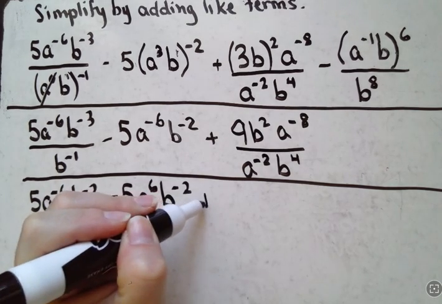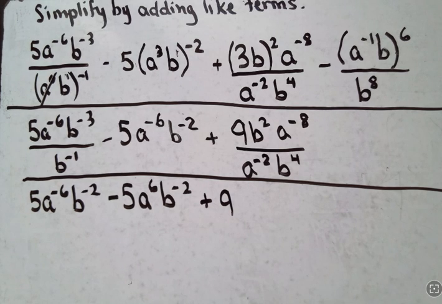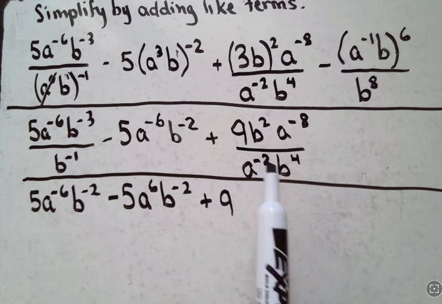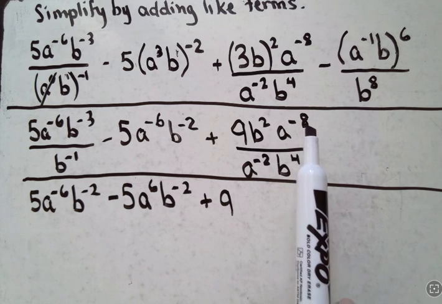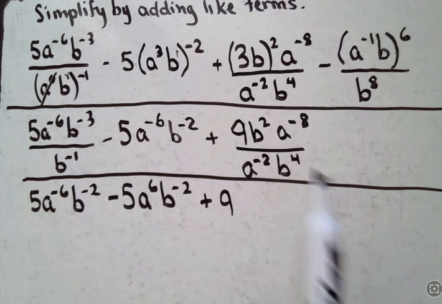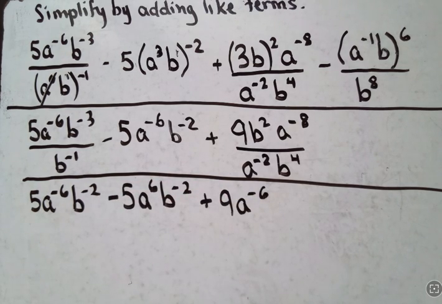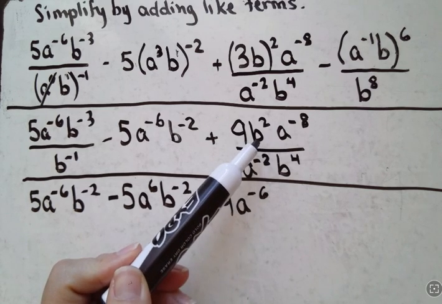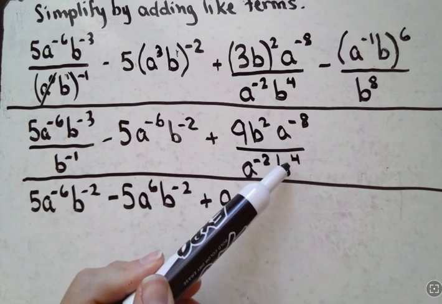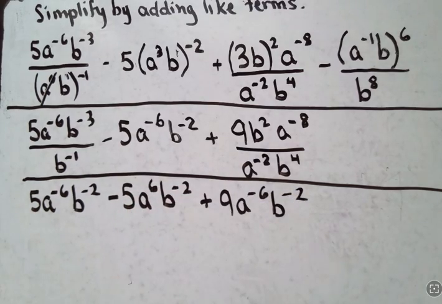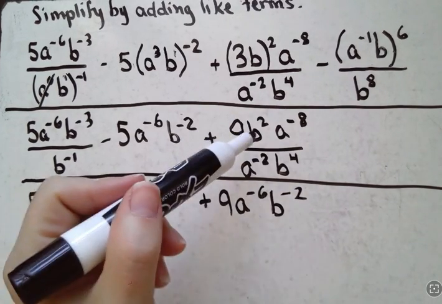I can't simplify the 9. But if I look at the a's, I have -8 minus -2. Since I'm using the quotient rule, I'm going to subtract -8 minus -2, which would be -8 plus 2. So that gives me a to the -6. I can also simplify the b's. 2 minus 4 is -2. So I get b to the -2nd power. So I'm done with that term.